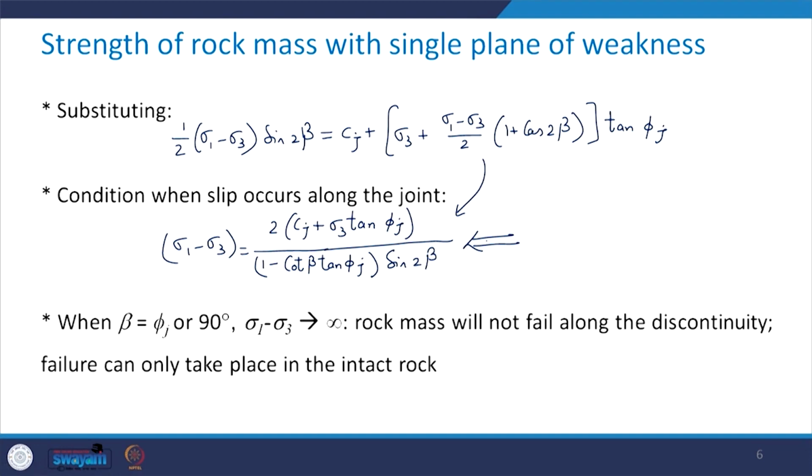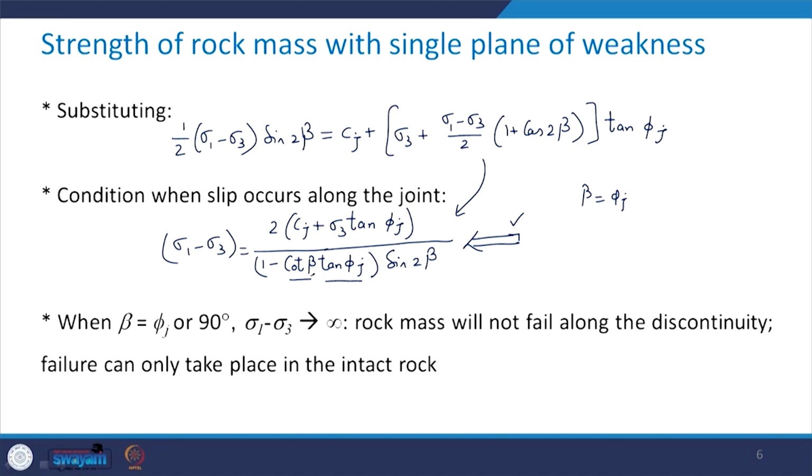Now, take a look at this expression and just substitute beta equal to phi j in this case. What will happen? See here, this is cot beta and this is tan of phi j.